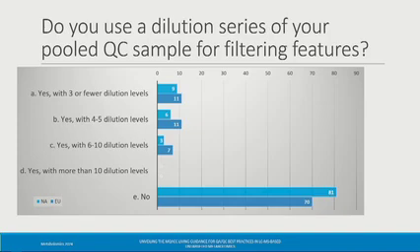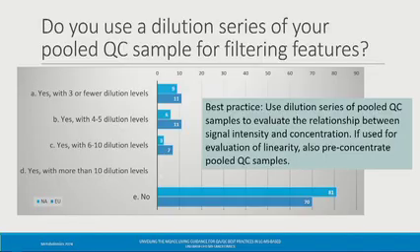When asked the community regarding the use of dilution series of a pool QC for filtering features, the majority said no. However, it is a best practice to use a dilution series of pool QCs to evaluate the relationship between the signal intensity and concentration.